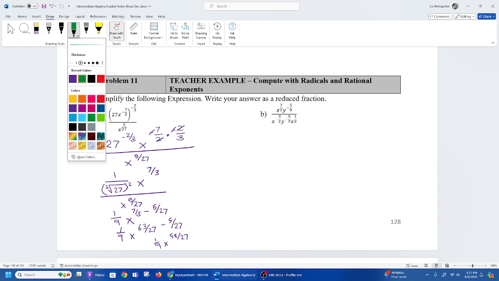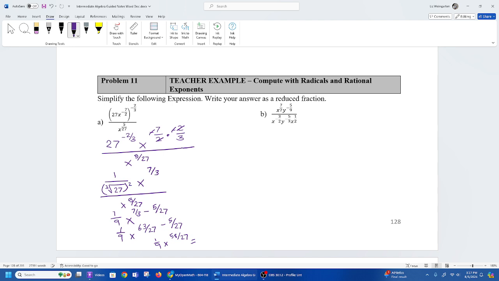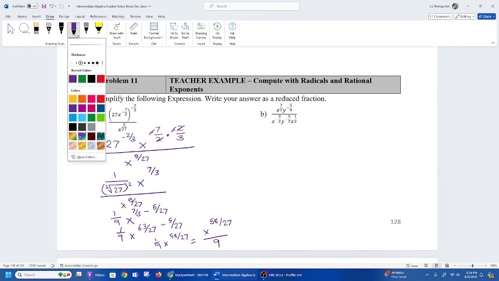That is going to be our final solution. Another way that you could write this that is equally proper is x to the 58/27 over 9. The system should accept both solutions.